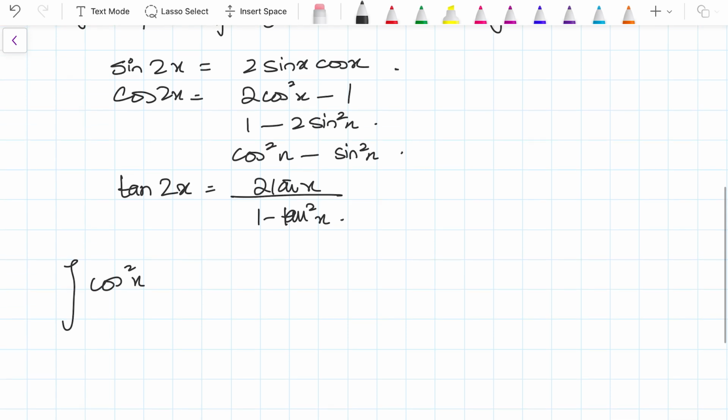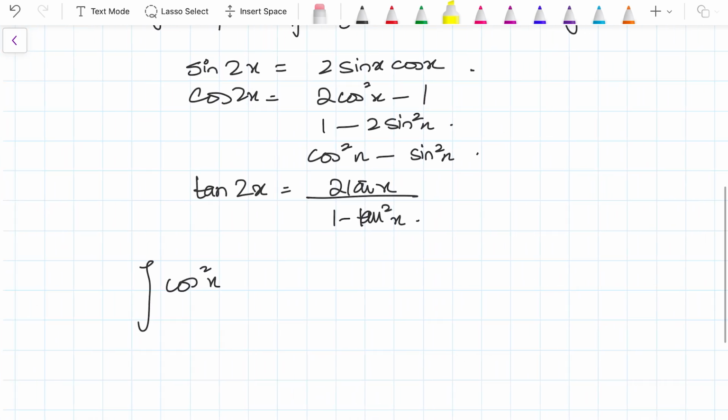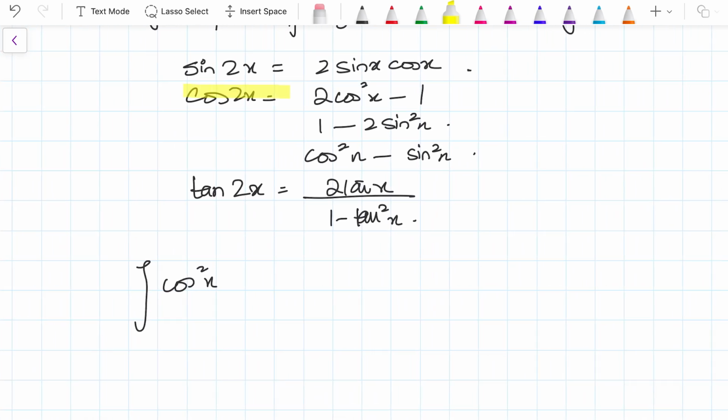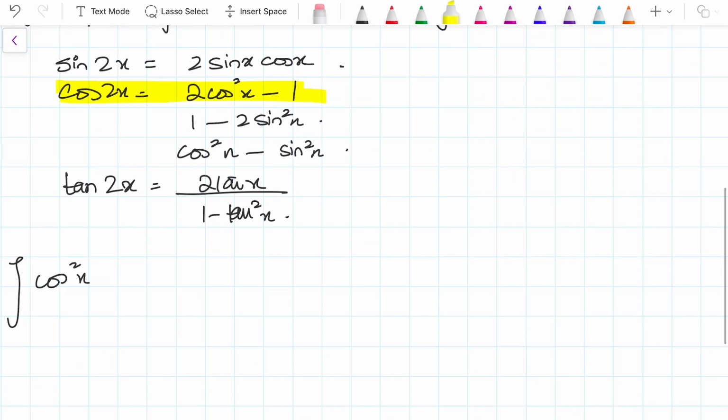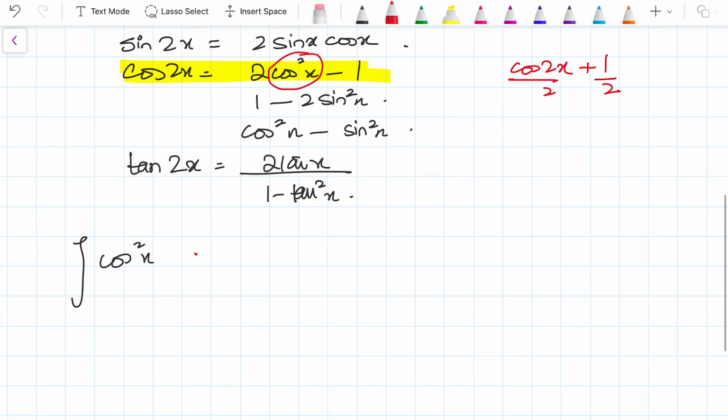Now, how do we integrate cos square x? For cos square x, we can use the double angle identity of cos. So in place of cos square, can I write cos 2x plus 1, making this the subject, divided by 2? So in place of cos square x, I will write this function: cos 2x upon 2 plus 1 upon 2.